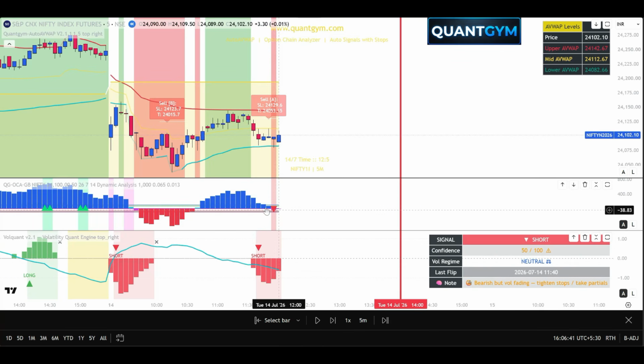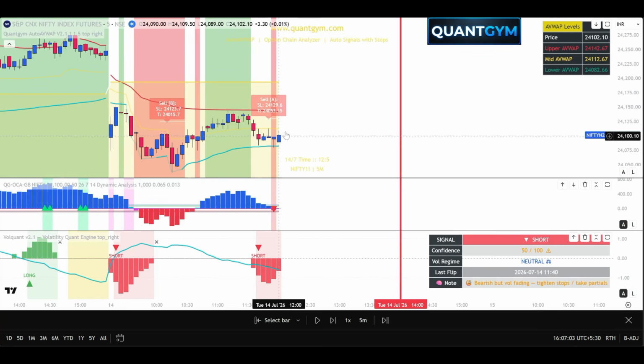This bar on AVWAP, it is giving you a gamma burst signal on the downside, right? And OCA has also turned bearish. Vol quant is already bearish. So the next bar opening, next bar around when it is closing, I'm seeing this is the scenario. So I can sell at 24,100.